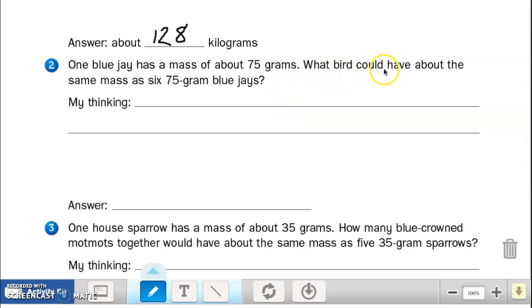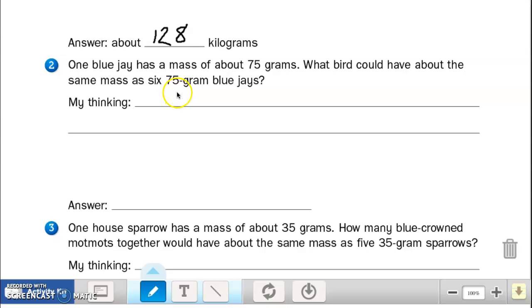Okay. Now, the next question is, one blue jay has a mass of 75 grams. What bird could have about the same mass as 6 75-gram blue jays? So one blue jay has a mass of 75 grams. What bird could have the mass of 6 of those?